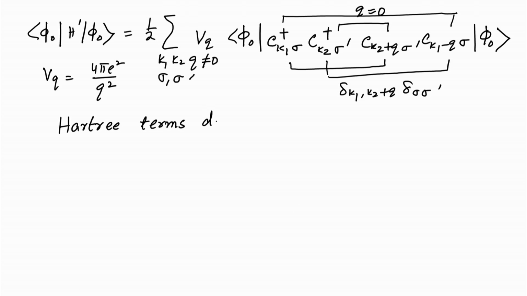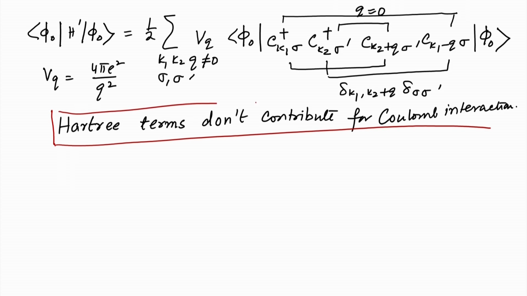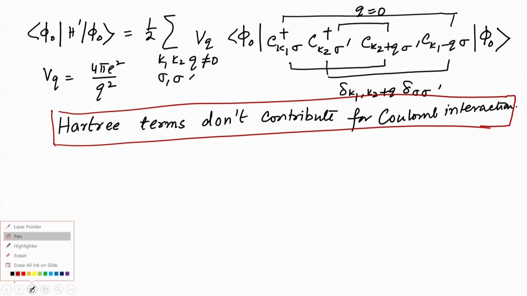So, Hartree terms do not contribute for Coulomb interaction. This is something interesting and important. So, we will just put a line here. Now, let us look at the Fock term.